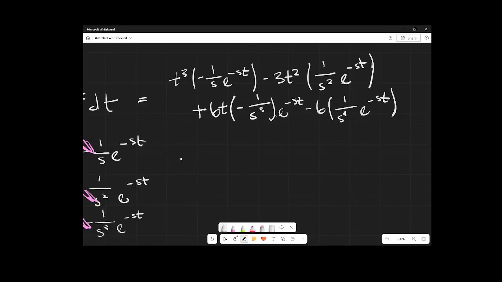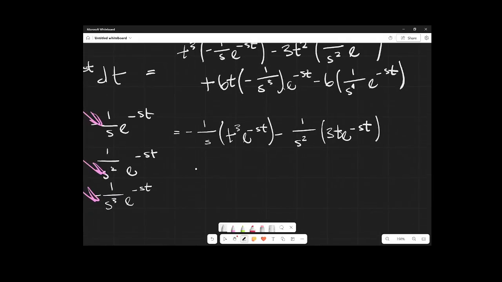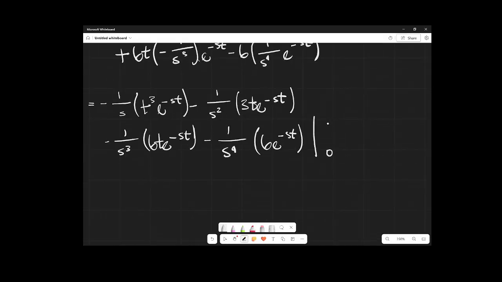So here we're going to have negative 1 over s times t cubed e to the negative st, minus 1 over s squared times 3t e to the negative st, minus 1 over s cubed 6t e to the negative st, minus 1 over s to the fourth times 6e to the negative st, all evaluated from 0 to infinity.